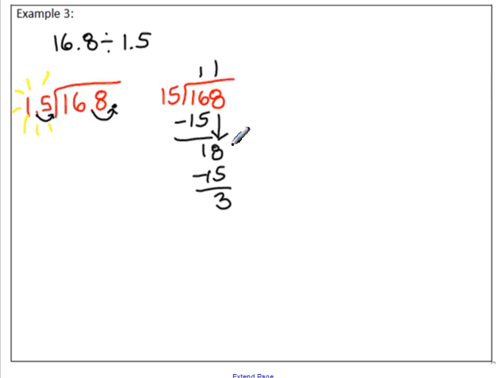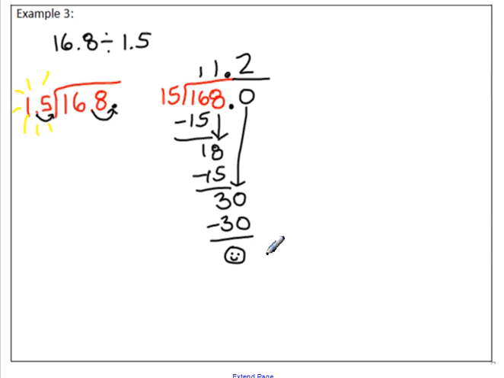So I'm out of digits to bring down, but I have a leftover number. And the directions ask me to round to the nearest tenth. So I'm going to add a decimal point, bring it straight up right away, extend the house, annex a 0. 15 goes into 30 twice. 2 times 15. Ooh, nice and pretty.